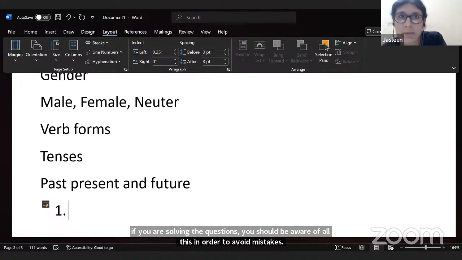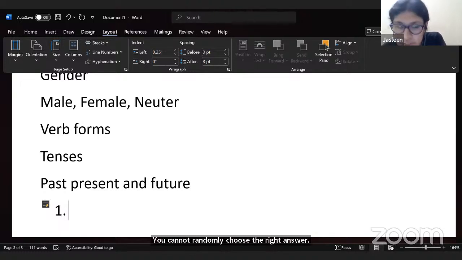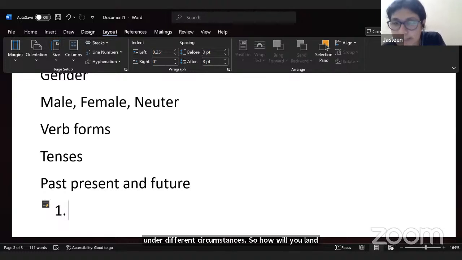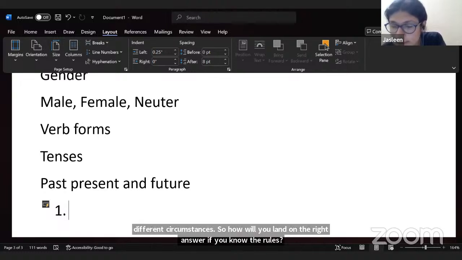Though you might be very fluent in the English language, and by looking at the error only, you'll come to know what is the right answer. That is fine. But again, these are the rules. Sometimes the options are so confusing that two or three options altogether sound right under different circumstances. So how will you land on the right answer if you know the rules? These are some of the conventional rules that English follows.